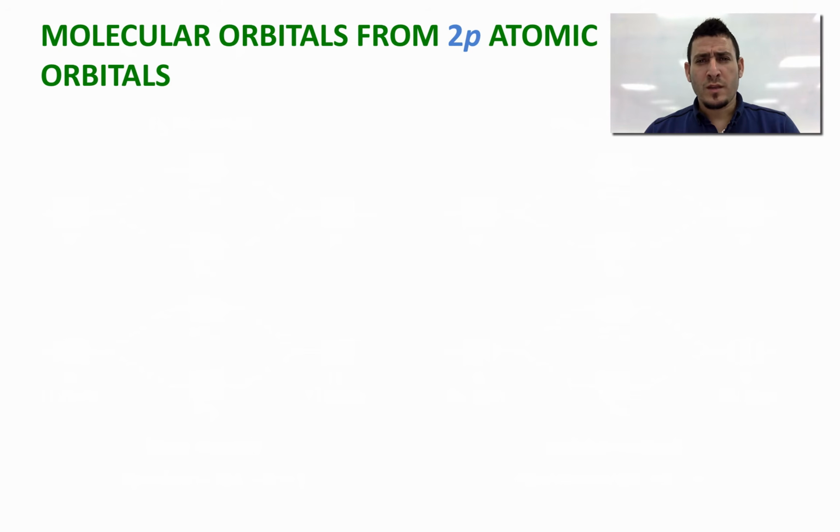Now, in a similar way that we discussed the orbitals overlapping in an s atomic orbital, we can also discuss the same thing for a p atomic orbital. Now remember, the p sublevel extends over the xyz axis, and therefore we have a px, py, and pz.